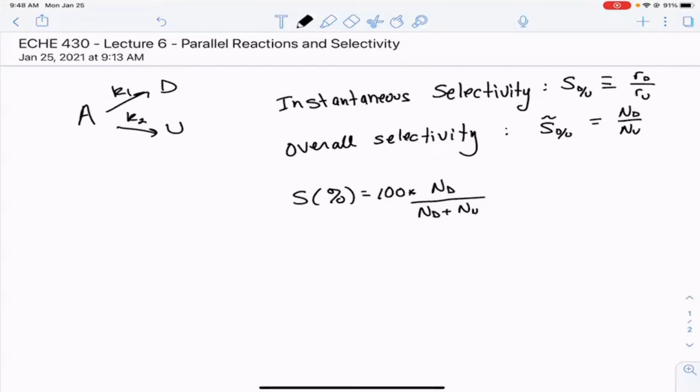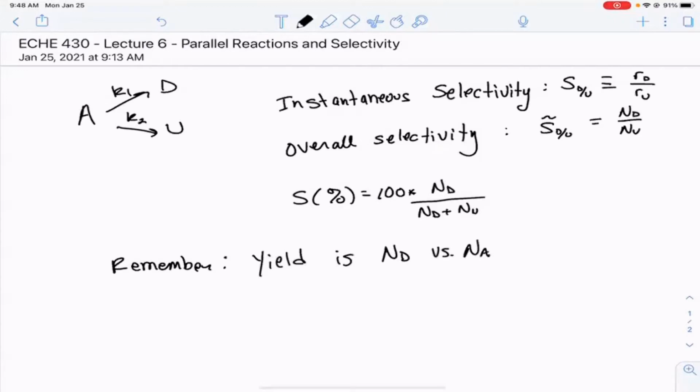But the thing to remember here is that, and I already said this once, yield is N_D versus N_A, right? It's how much of A became, or how much of A has reacted, essentially, and given you what you have. Whereas selectivity is the desired product versus the undesired product.